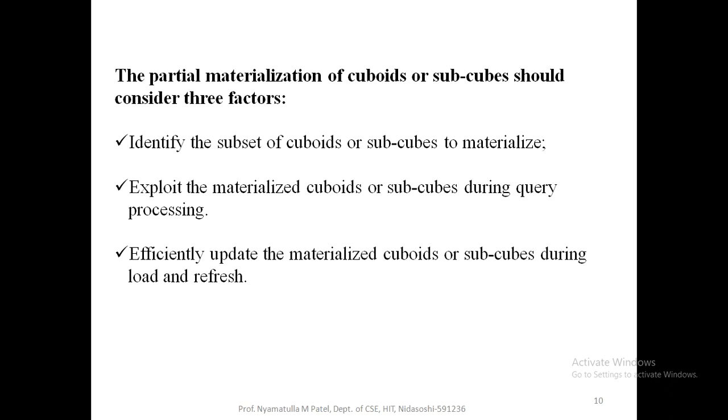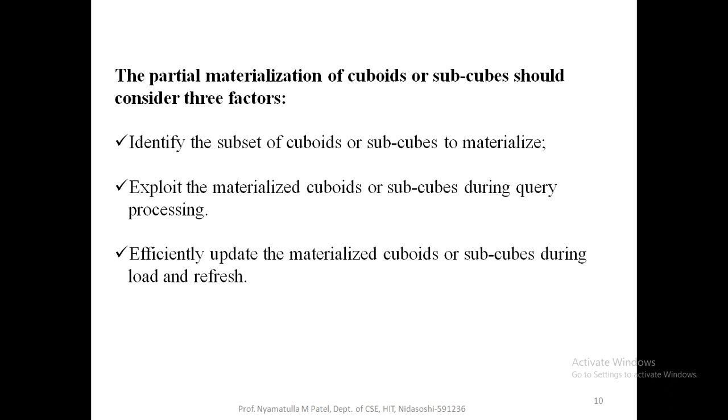Second, exploit the materialized cuboids or subcubes during query processing, so whenever a query comes to get some value, you first use the materialized ones. Third, efficiently update the materialized cuboids or subcubes during load and refresh operations, so that whenever new data is loaded or refreshed, you will get the updated data.